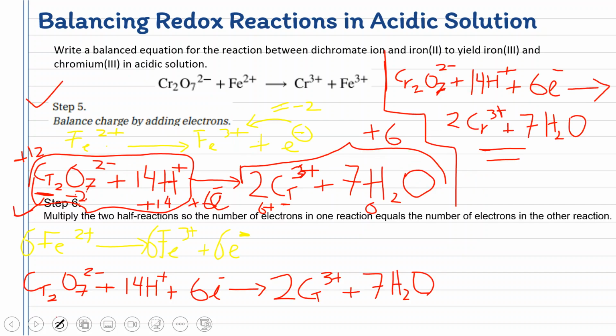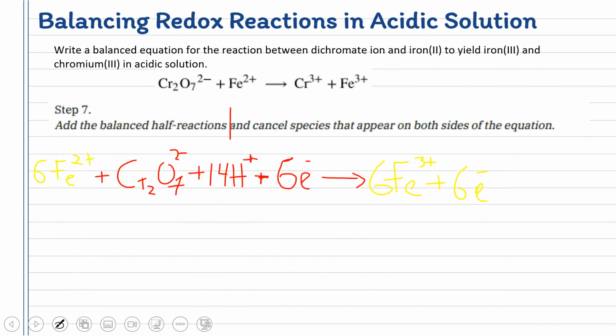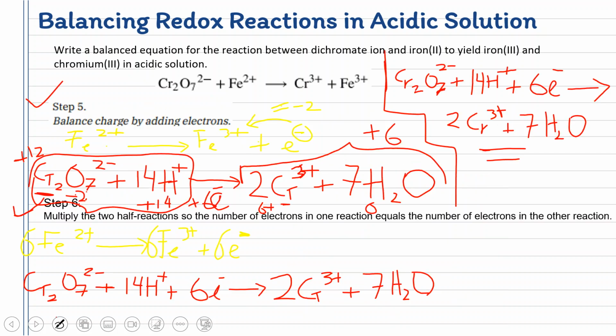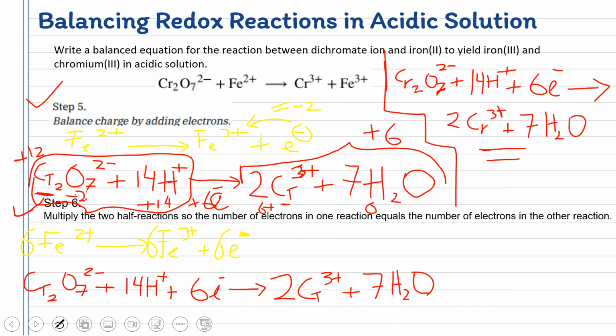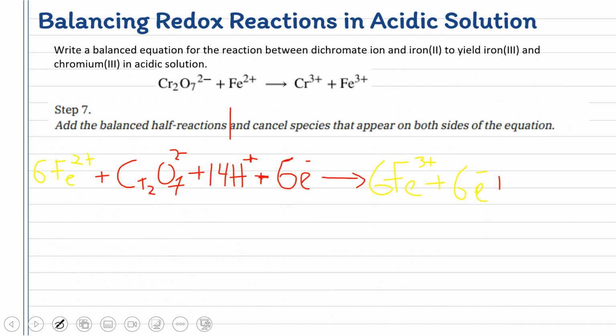So we're just writing what we have here. Then let's write everything we have on the right side for the red ones: plus 2Cr3+, plus 7H2O.